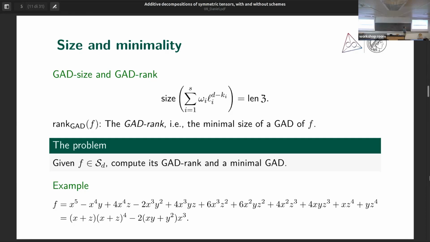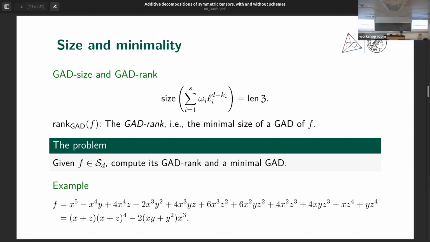The way we measure a decomposition is exactly by the length of the associated scheme. We call the GAD rank the minimal size of a possible GAD of F. There is a huge space of possible decompositions of F of this type, but to each of them there is an associated natural number, which is the length of the scheme. We want to find those decompositions which minimize this length.